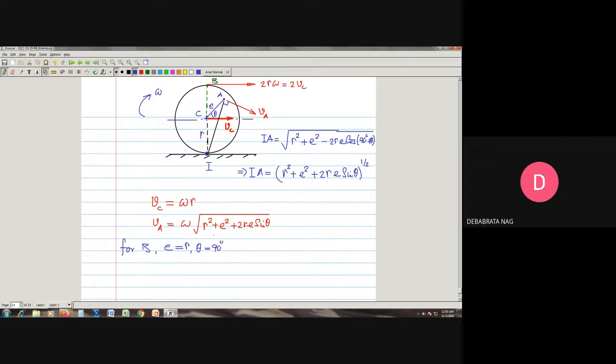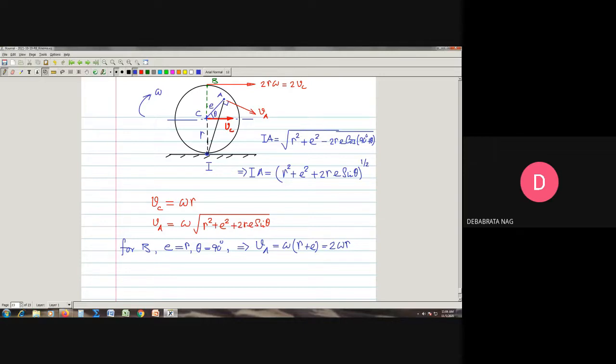So since E becomes equal to R and theta becomes equal to 90 degree, we see from here that the velocity of A will be equal to omega into R plus E. Since E and R are equal, it becomes equal to twice omega R. So we can check that our equation is correct.